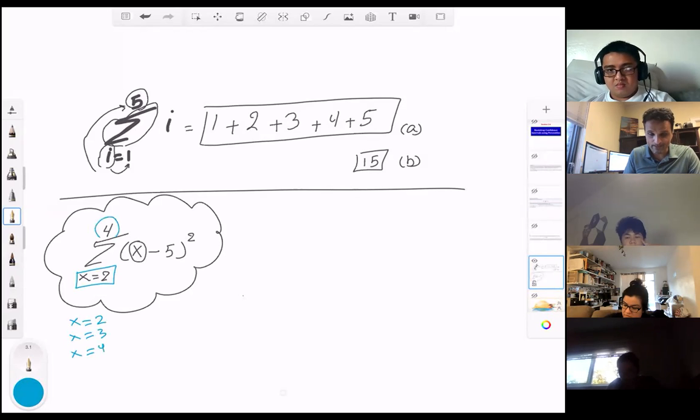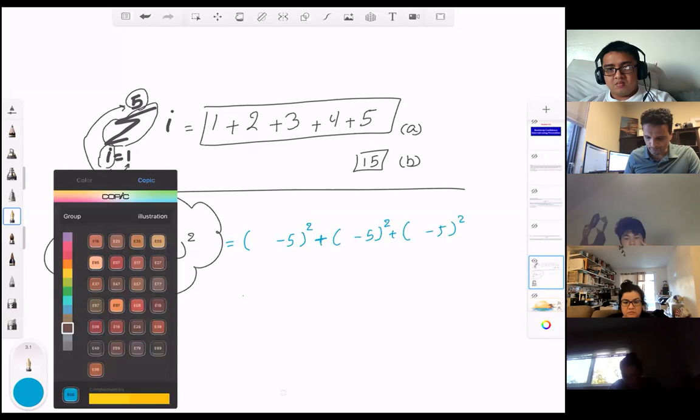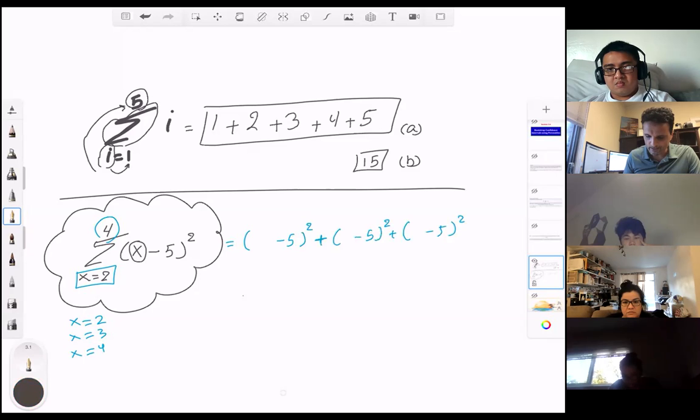We stop at the max. So let's expand it. We have (blank minus 5) squared plus (blank minus 5) squared plus (blank minus 5) squared. Inside of the blank, I have to put x, which is 2, then 3, then 4. We stop.